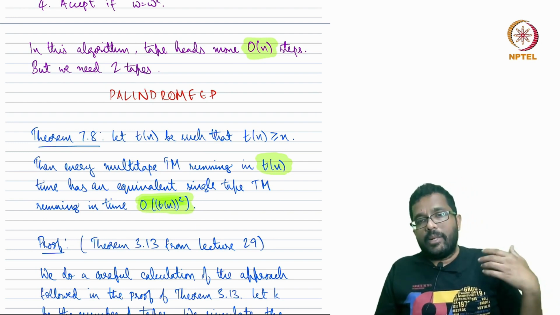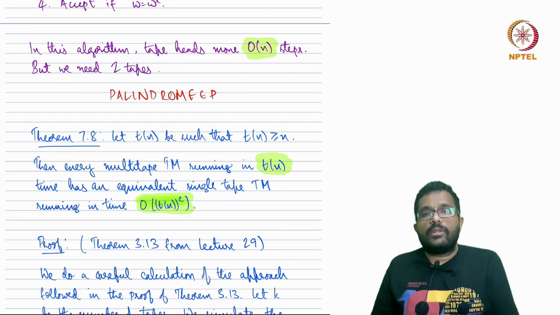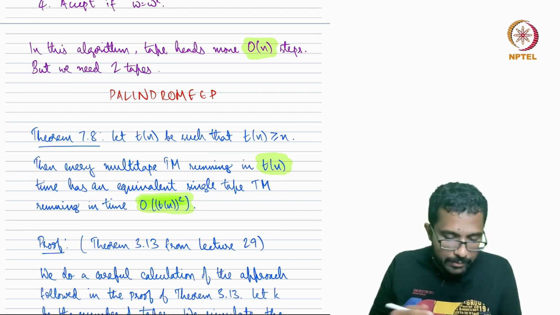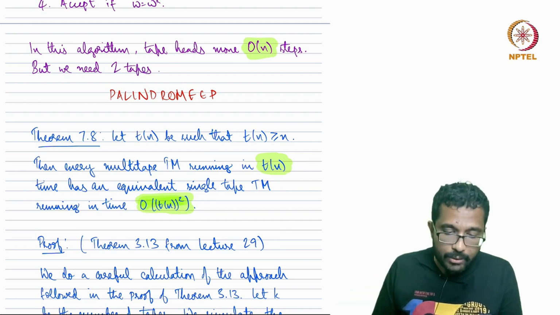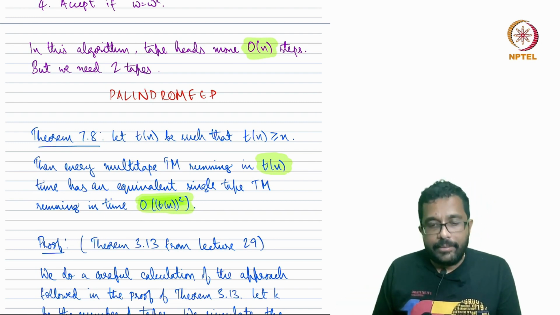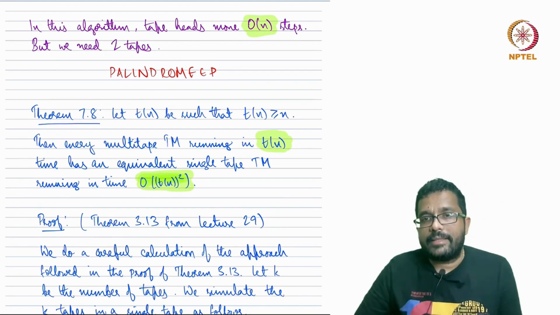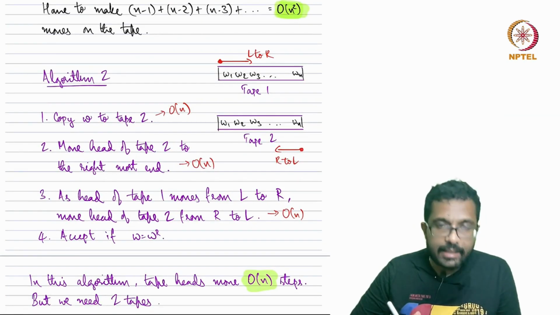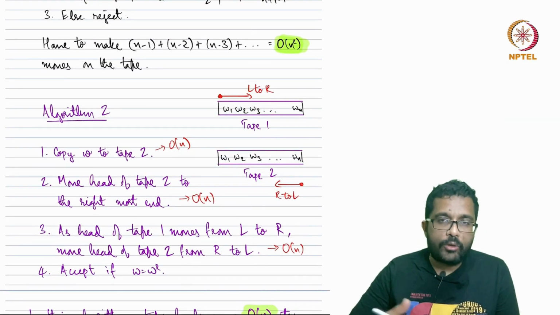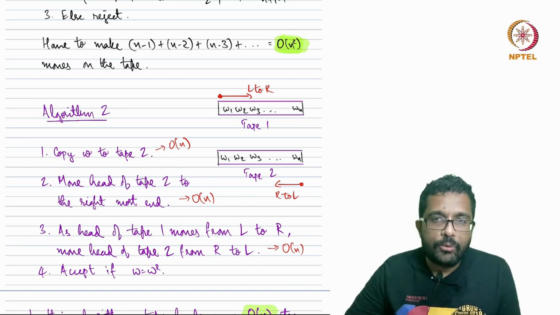So if the multi-tape Turing machine takes T(n) time, the single tape Turing machine takes only T(n) squared time. It takes more time, but the extra time is not unbounded, it's bounded by the square. For instance, if the multi-tape Turing machine takes n time, which is what is happening here, there is a single tape Turing machine that takes no more than n squared time.